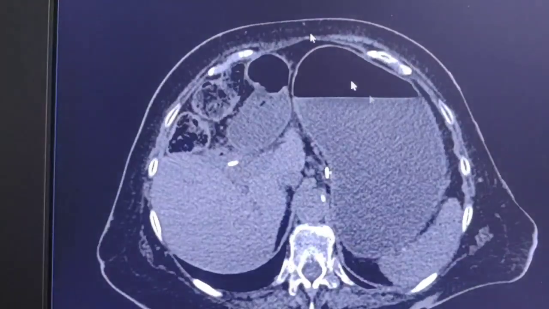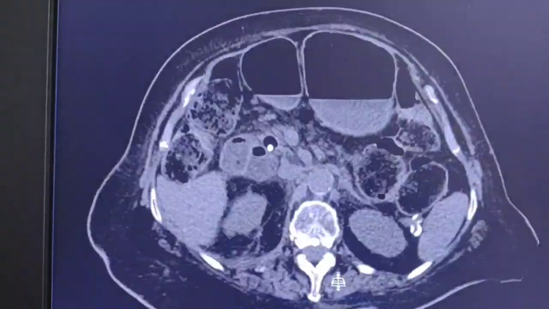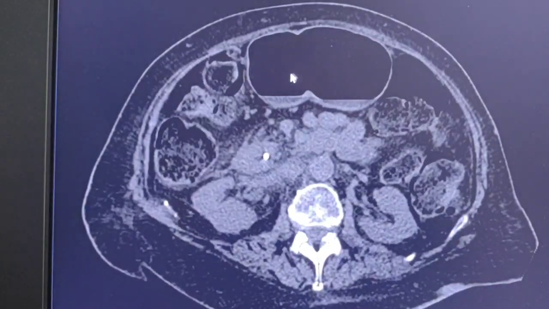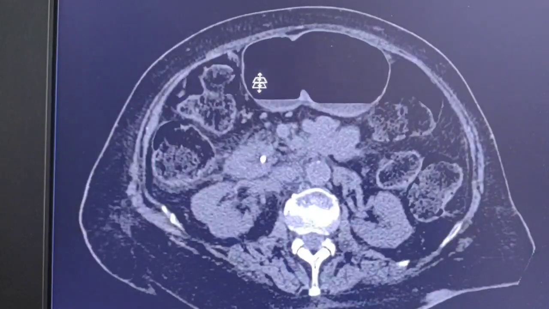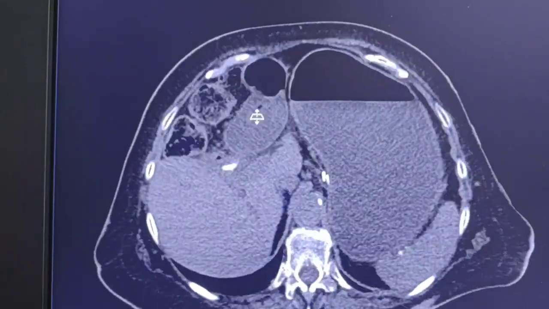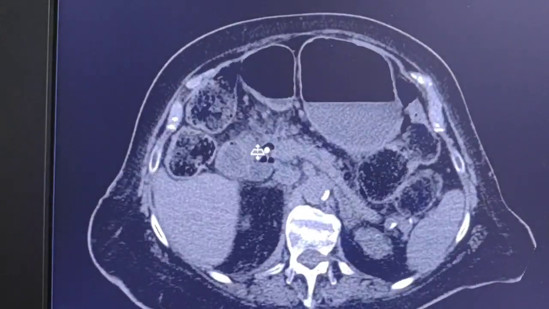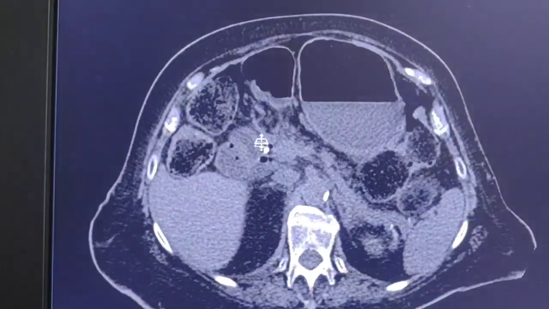The stomach is significantly dilated, and if we follow and track the stomach, just follow my arrow. Here starts the duodenum. Okay, it is dilated as well, and at this point there is stenosis.